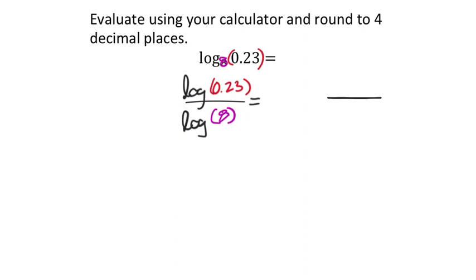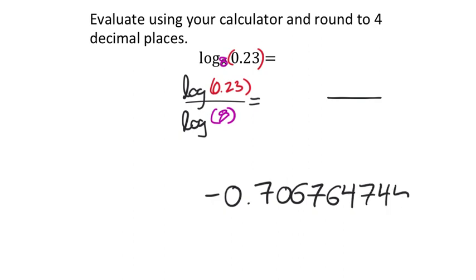So log of 0.23 divided by log of 8, common log, and it gives me this decimal, negative 0.706764745. Now we'll round that, but let's just go back and say, maybe you want to use natural log.